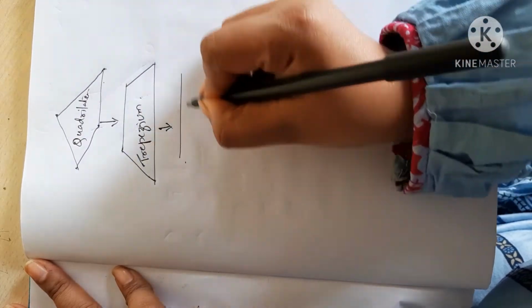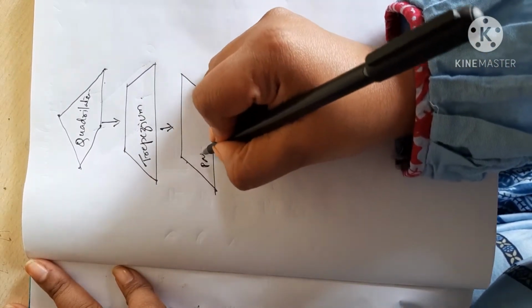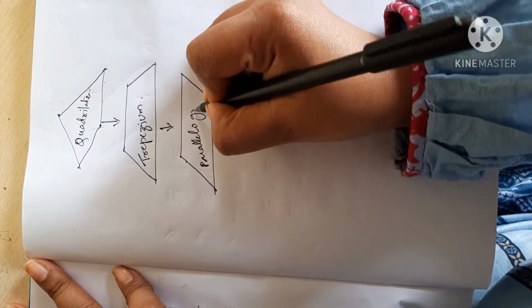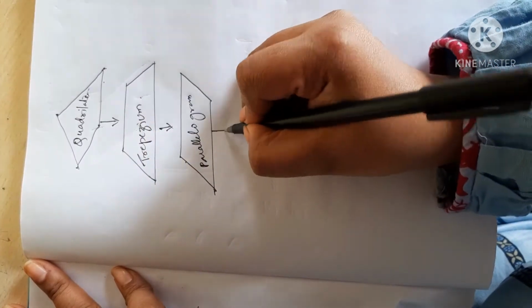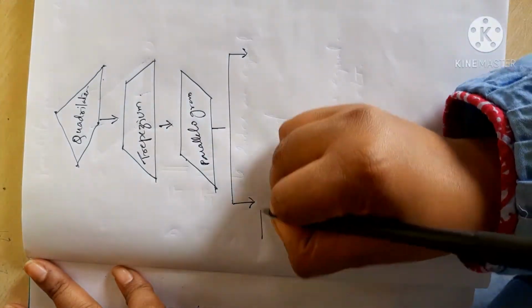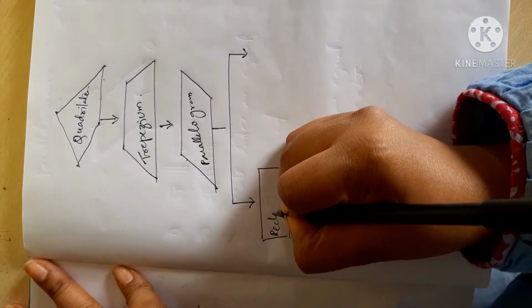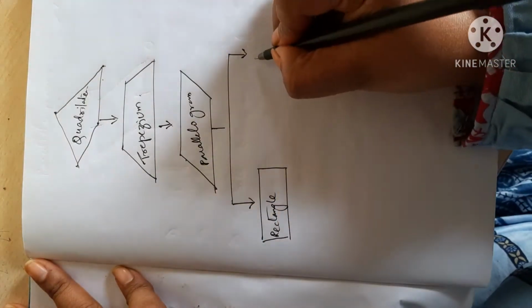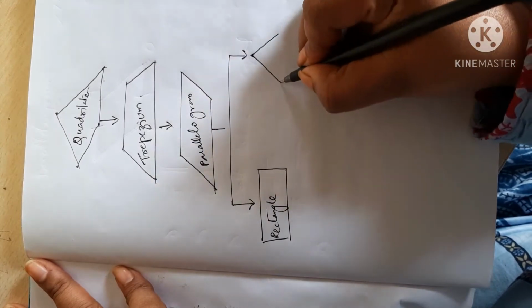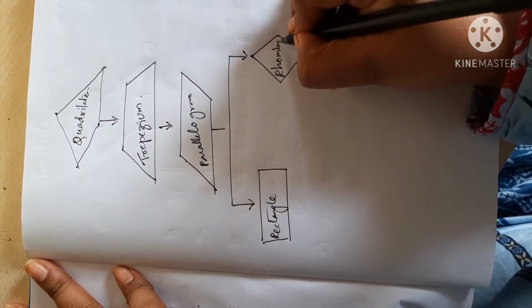From trapezium, parallelogram. From parallelogram, rectangle. Rhombus.